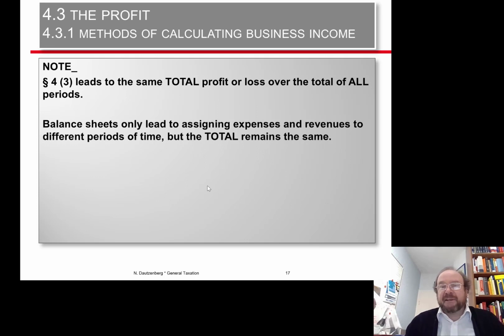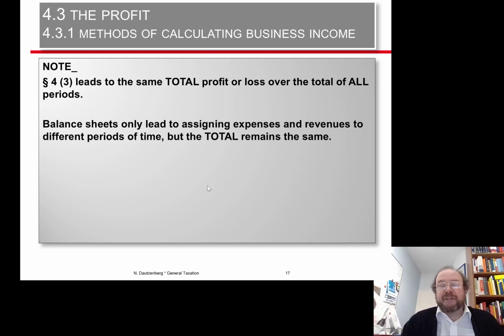What is entirely important is that if a small enterprise gets the permission or opts for that modified cash flow statement, as we could call it, just listing business revenues and business expenses, that must lead to the same total profit over the total period of life of the enterprise.